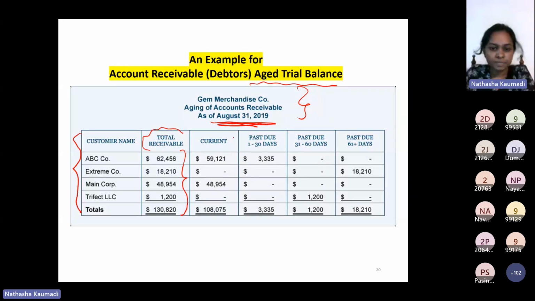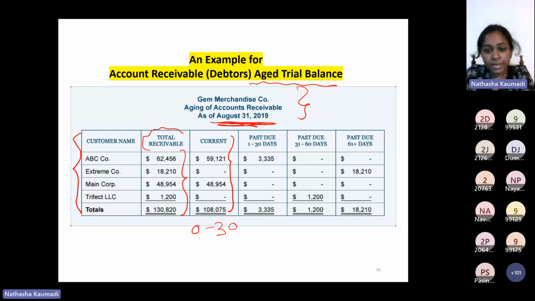Now, current. Current means 0 to 30. This is only one month, only between 0 to 30 days. After the transaction happened, only 0 to 30 days have passed. It is not above one month. Those are current, and you call them baskets. In this basket, 59,121. 59,000 is there.